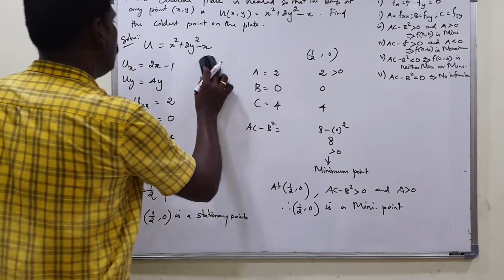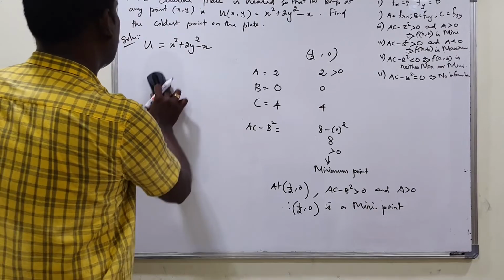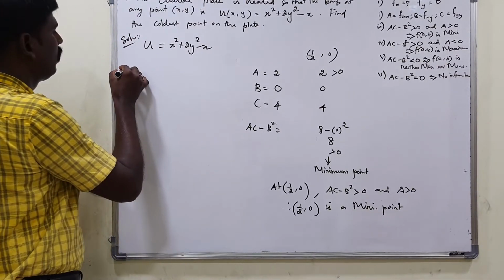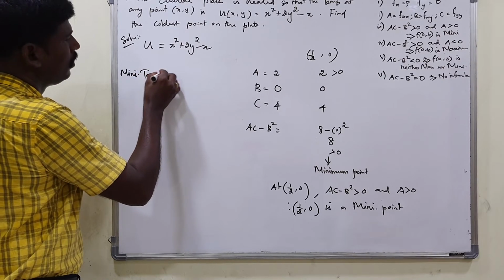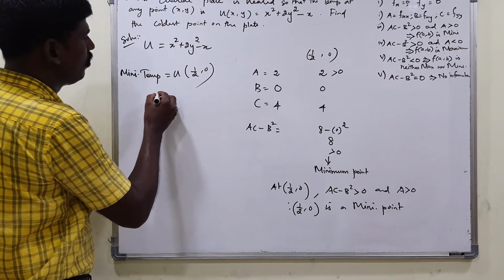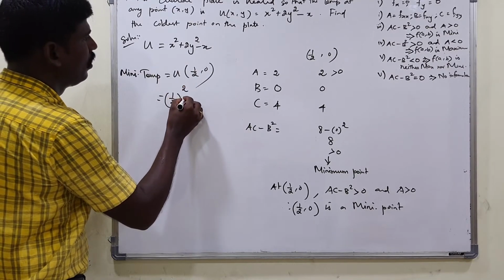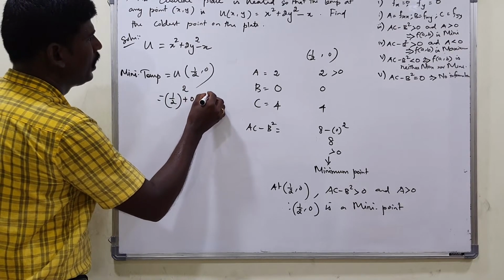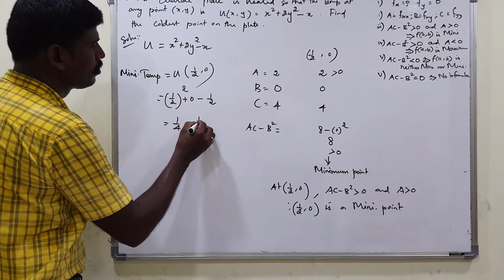To find the minimum temperature, that means coldest temperature, minimum temperature is equal to u of 1/2 comma 0, right? So what? So 1/2 the whole square plus 0 minus 1/2. So that is equal to what? 1/4 minus 1/2.